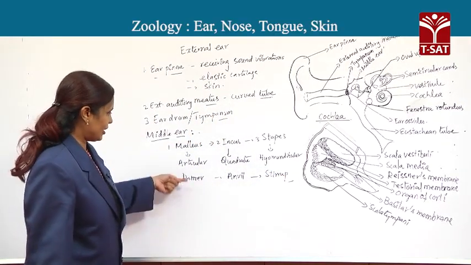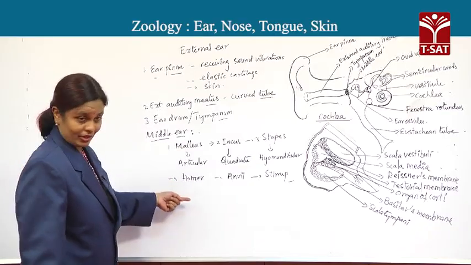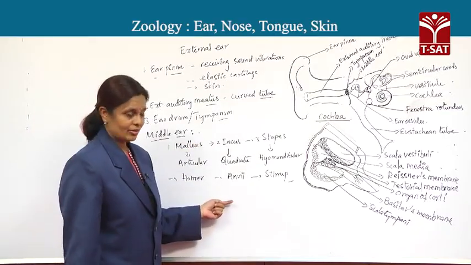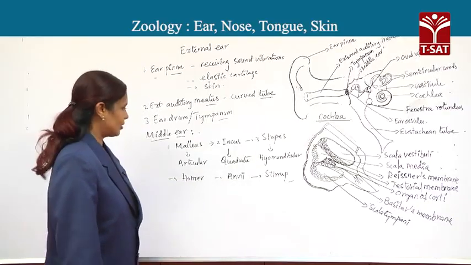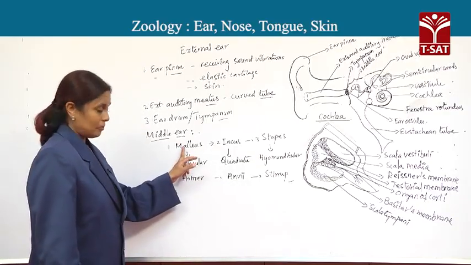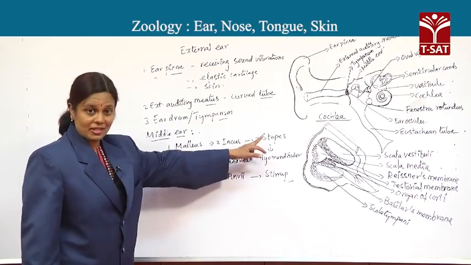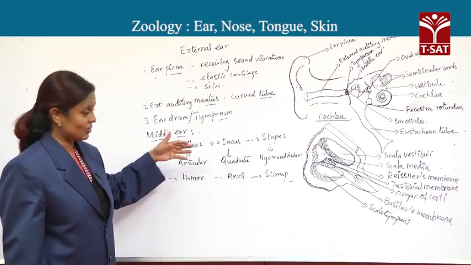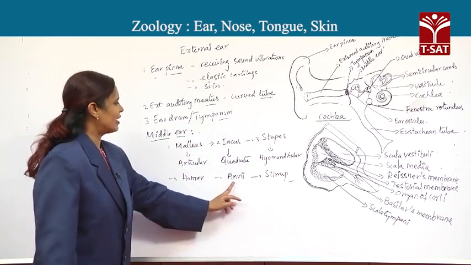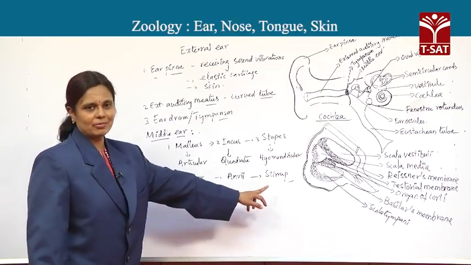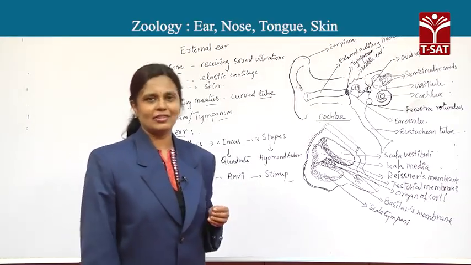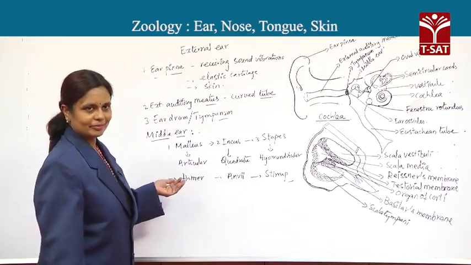So, malleus is hammer, incus is anvil, and stapes is stirrup. To remember easily, malleus, incus, stapes, I asked you to remember it as miss, and now this is has, hammer, anvil, stirrup. Miss, has, the order, very easy to remember.